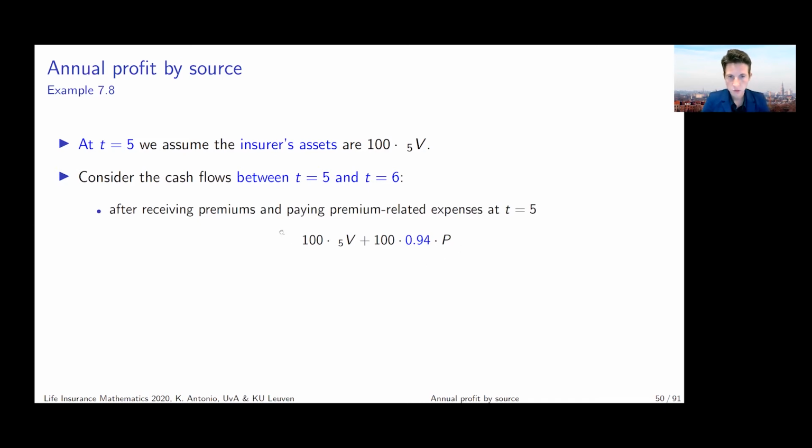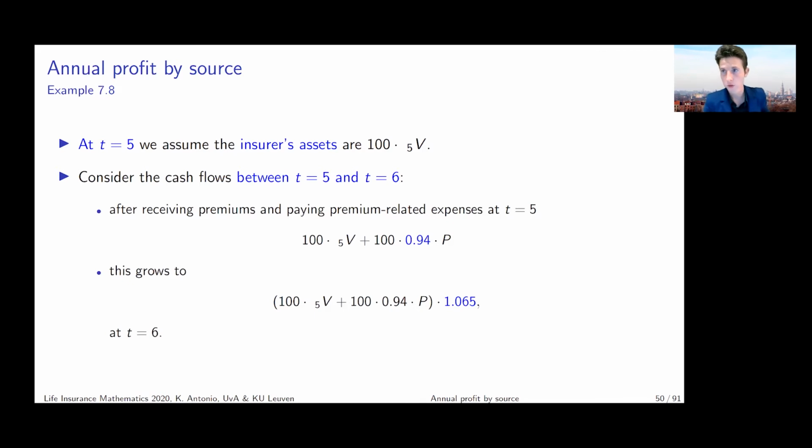So that gives us, in reality, the following amount that we hold. Here I do 100 times P and I subtract 100 times 6% of P, taking into account these expenses. Now this amount of capital at time 5 will grow to an amount at time 6, according to the actual interest rate that we are realizing.